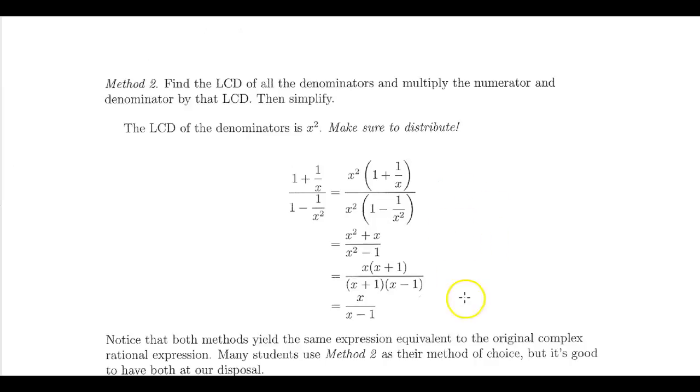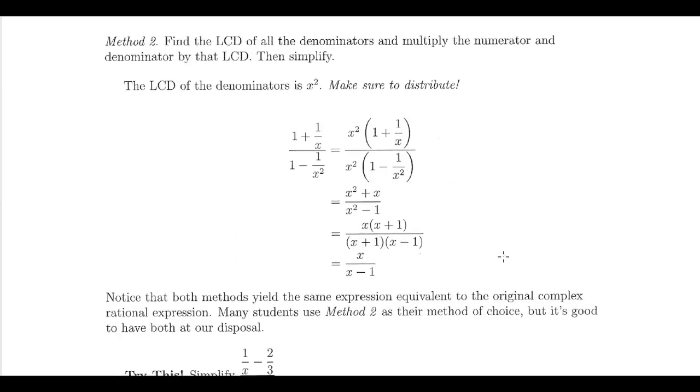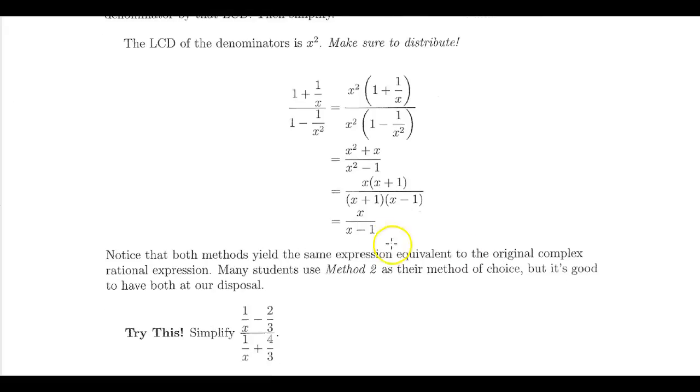So I think this type of method, the multiplying by the LCD method, is really good to use, and it's quite easy to use. So try method 2 on working with this fraction. Pause the video and then come back and see if we have the same answer.